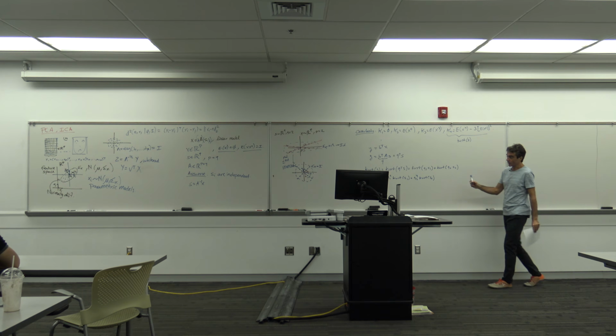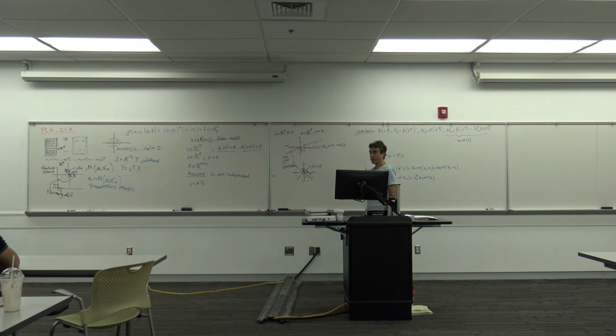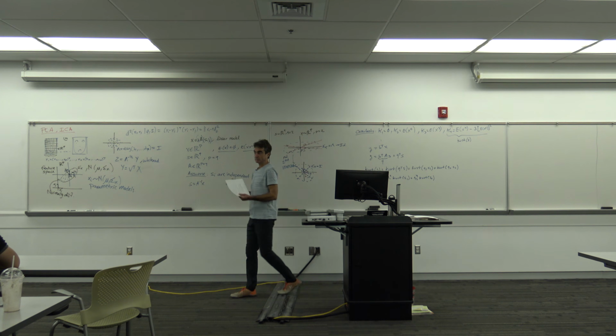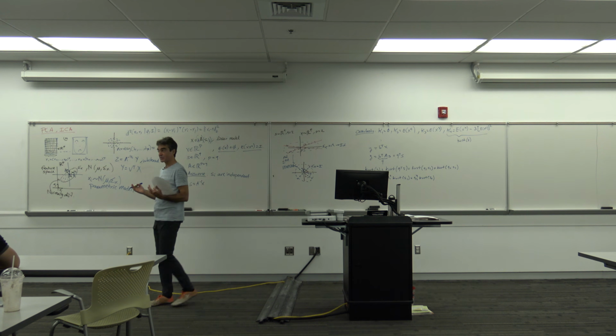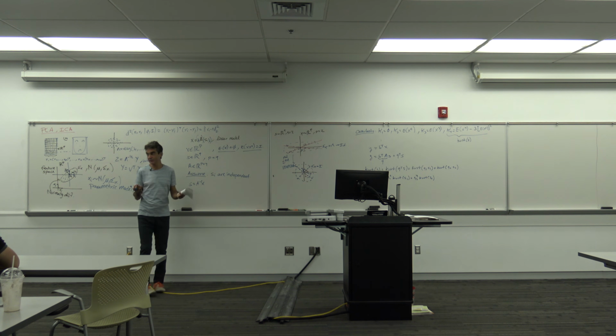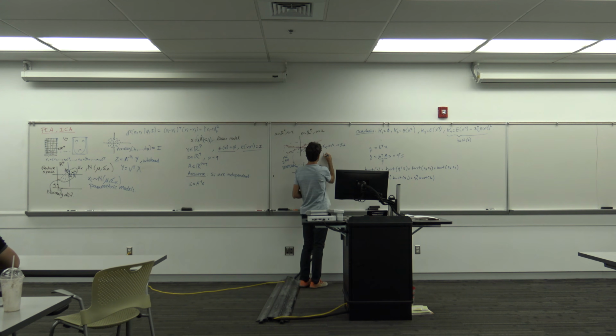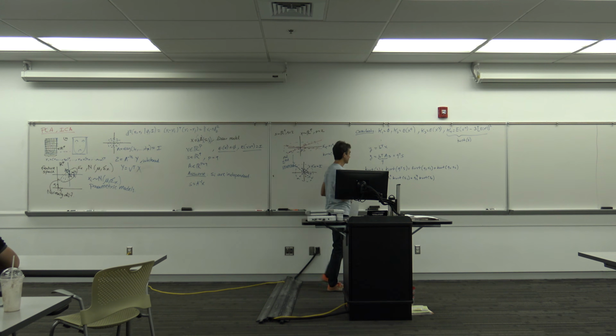Now, what is the kurtosis of S1 and S2? Something different than 0, right? Because it's non-Gaussian. You agree? So, without loss of generality, let's assume that our kurtosis in our problem for Si is equal to 1.